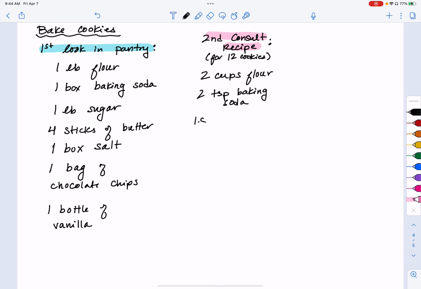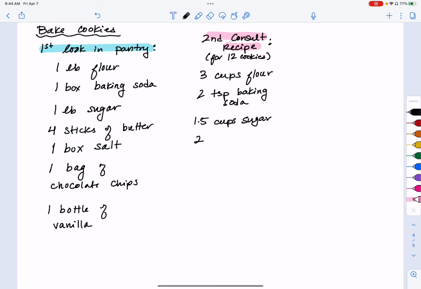I would need 1.5 cups of sugar. Actually, if I'm recalling, I think it's 3 cups flour.